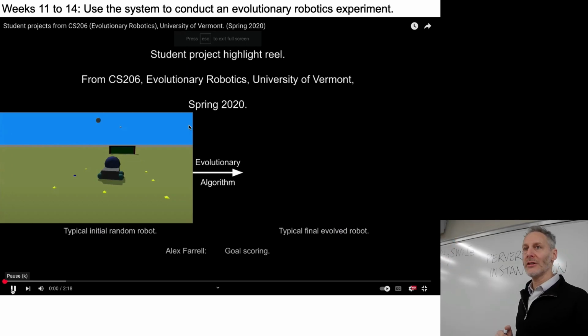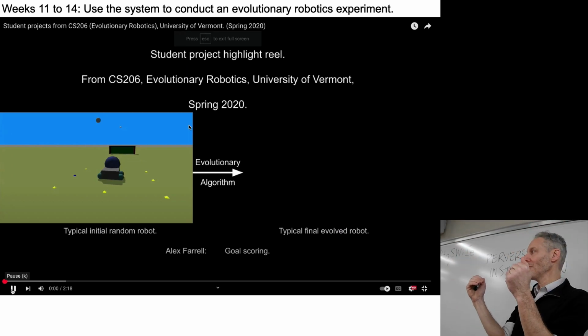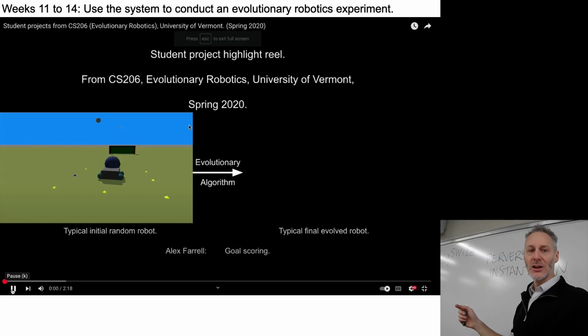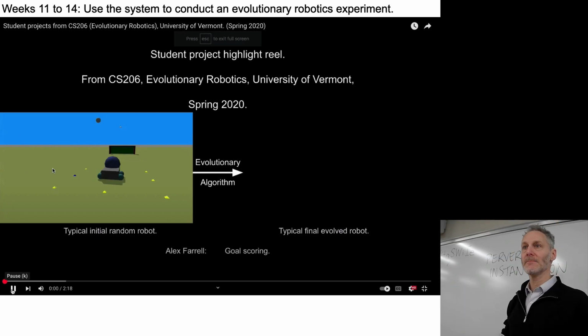That random neural network takes sensory information from the robot, transforms it randomly into signals that go to the robot's wheels or legs or whatever else it's got. So it's basically, what you're going to see on the left is random behavior, and then what you're going to see on the right is evolved behavior.